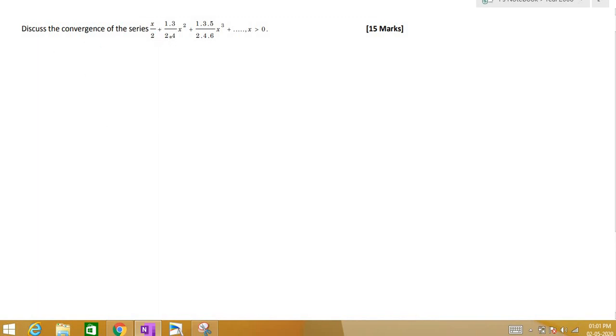Our given series is x by 2 plus 1 by 3 by 2 by 4 and x square. First we will apply the ratio test here. We know what the ratio test is, right?